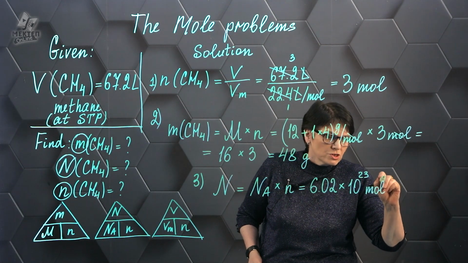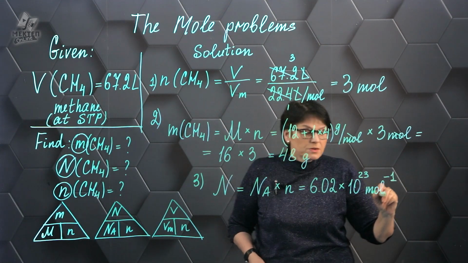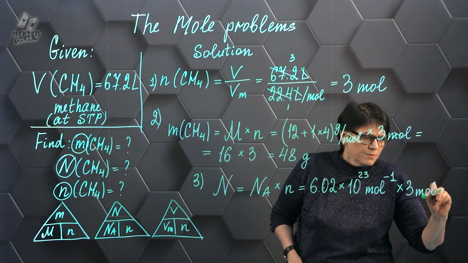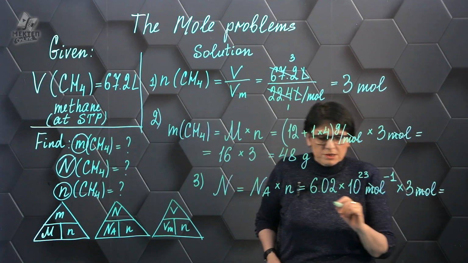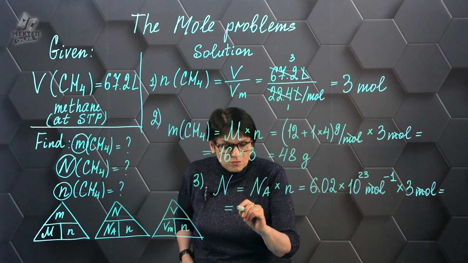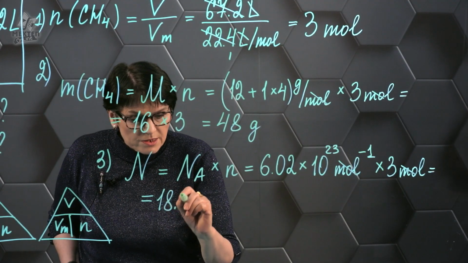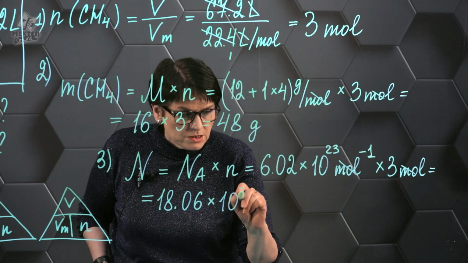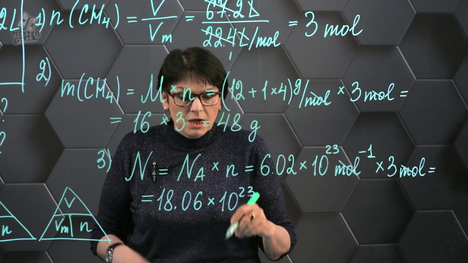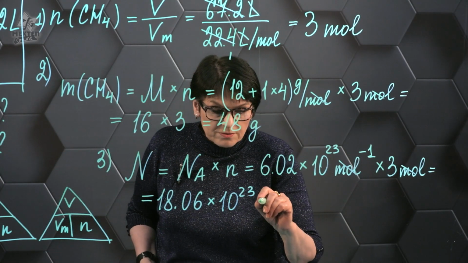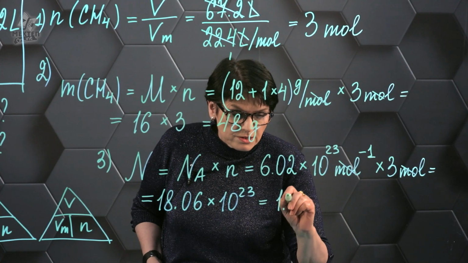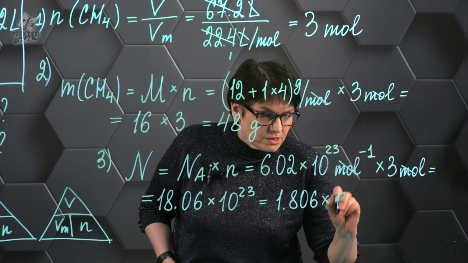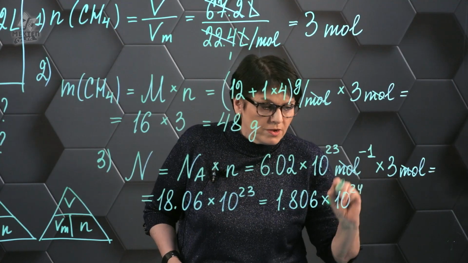The dimension of this number is mole to the minus 1, and it is multiplied by 3 moles. Mole and mole are reduced and our number is 18.06 times 10 to the 23rd. But we can convert that number to 1.806 times 10 to the 24th power.